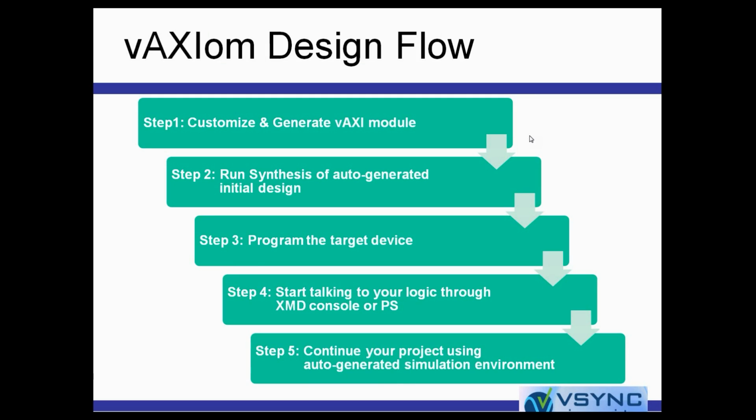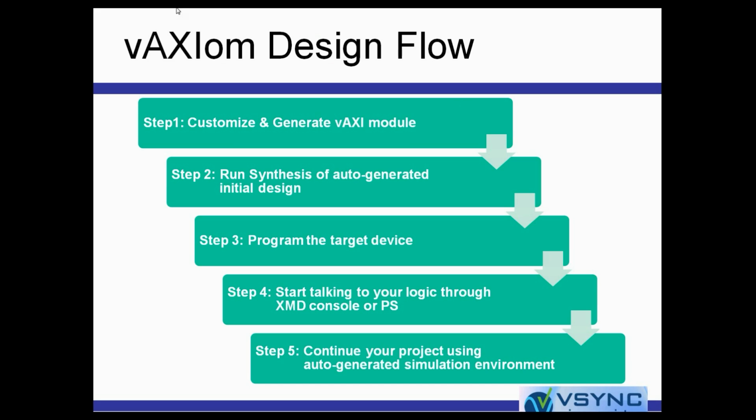We'll burn the bitstream into the Z-board, and then we can immediately talk to the entire address space that we will define, and it will be accessible through the XMD console of Xilinx and through the ARM. Once this works, we have two environments, simulative and the synthesis with onboard one, which will serve as the infrastructure for the further development, gradually adding more modules to our top module.